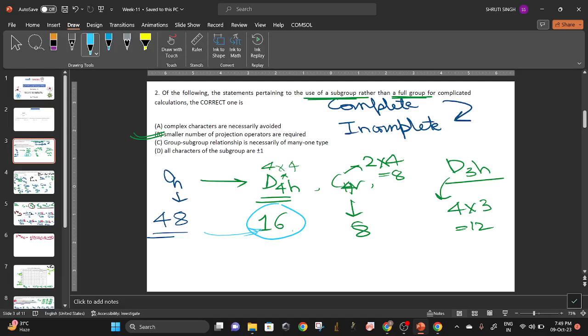So this reduces the calculations, right? Here the smaller number of projection operators are used, and now the calculations are much easier. So the correct answer is B.